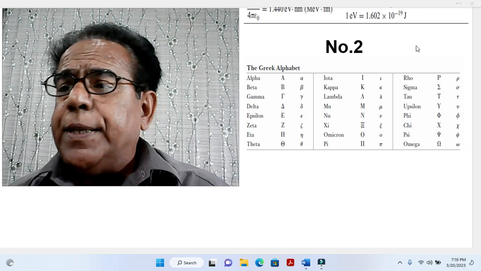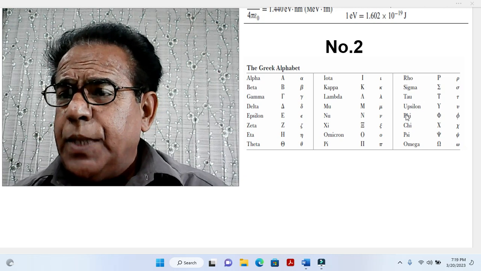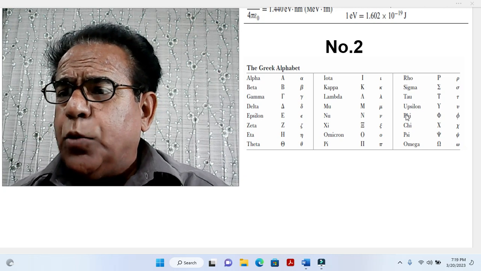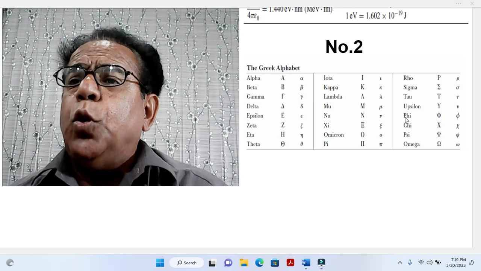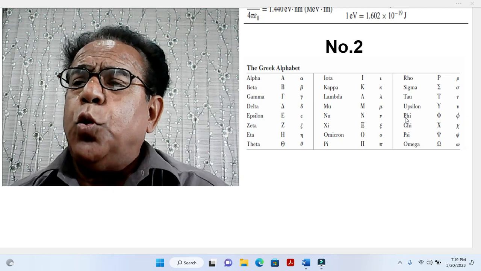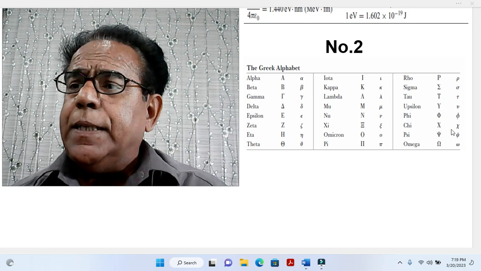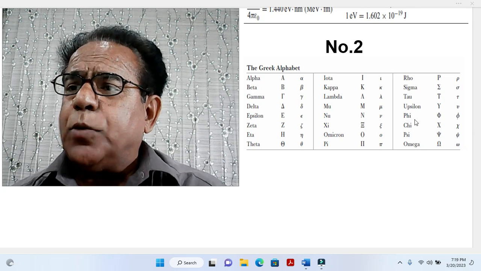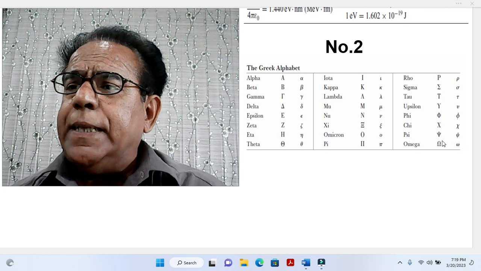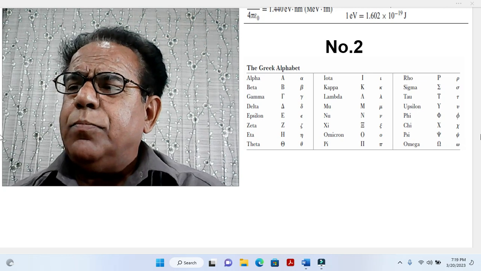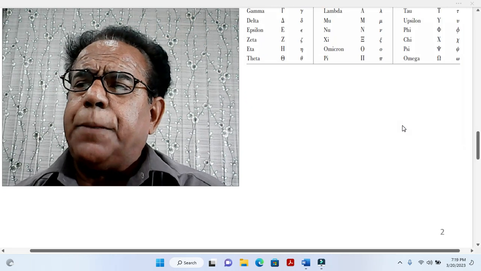Row number five, third column: phi, this is the work function. Similar is psi, but the psi notation is different from this.